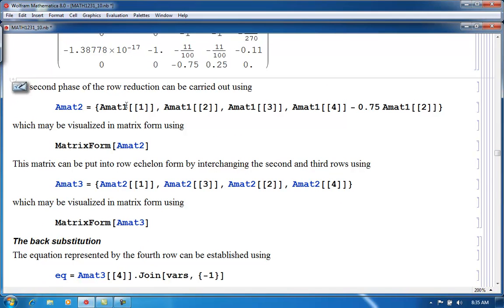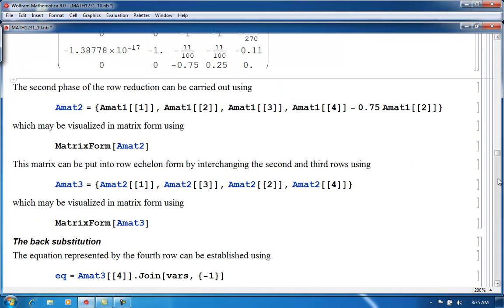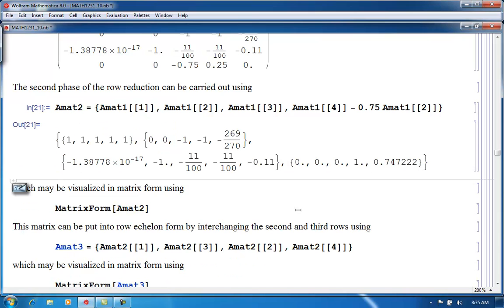We take the rows of a new matrix and we just interchange the second and the third, and while we're at it, we get ourselves a 0 here. So let's do that, and we can view that as a matrix.